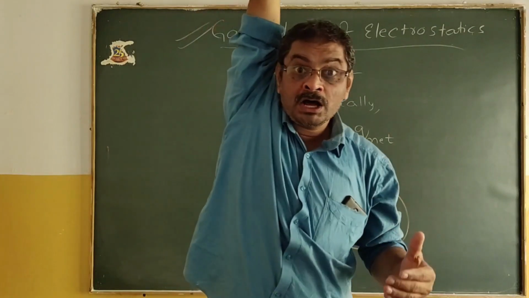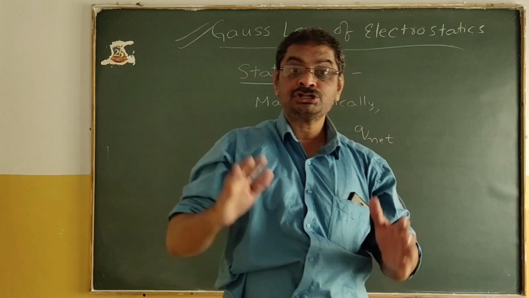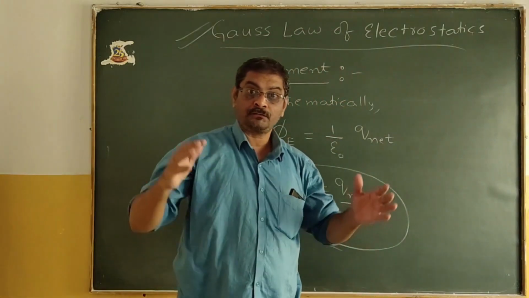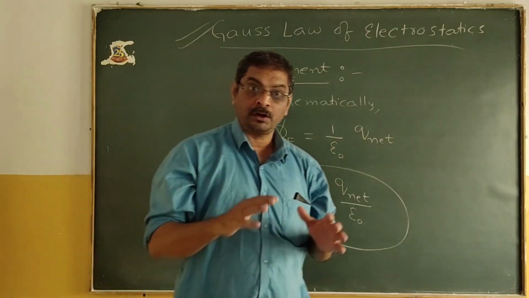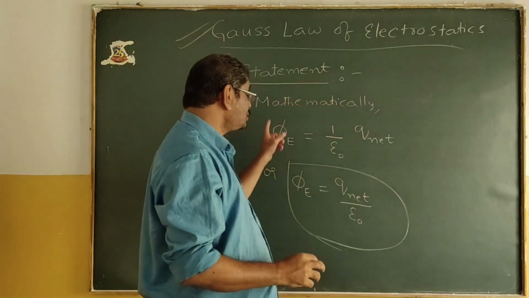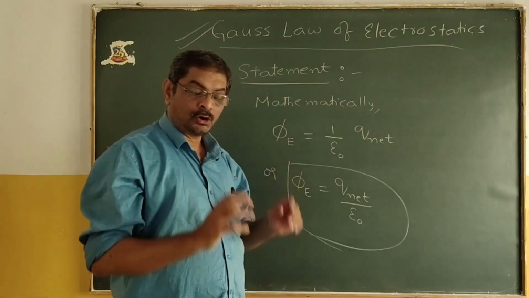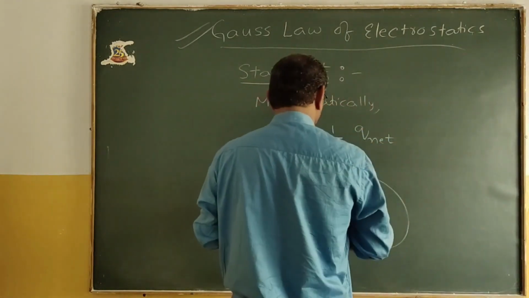Whenever the net charge enclosed by the Gaussian surface becomes zero, then the electric flux will also become zero. That is what we call the Gauss law of electrostatics.